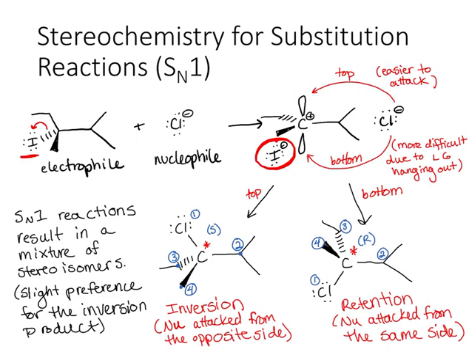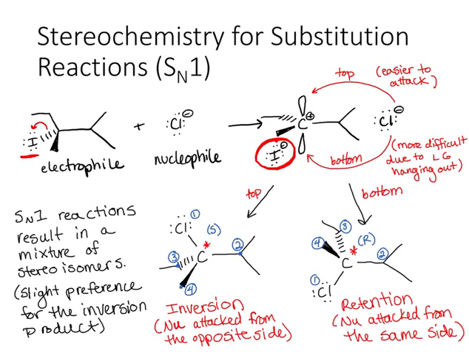All right, so again, when you have an SN1 reaction, you actually end up with a mixture of products, and they're going to be a mixture of stereoisomers, and remember that could be enantiomers or diastereomers, and that's because the nucleophile is going to attack the intermediate carbocation either from the top or the opposite side, so that could also be the bottom depending on how you're looking at it.